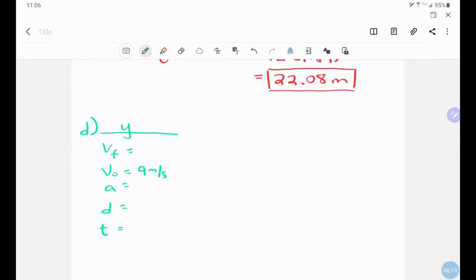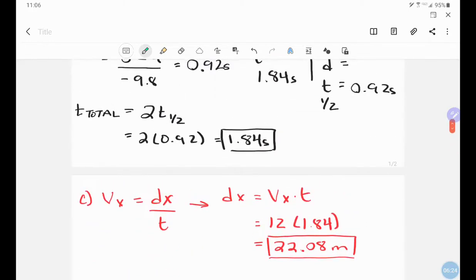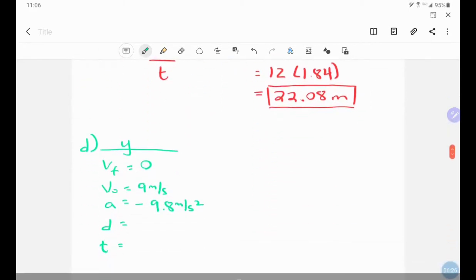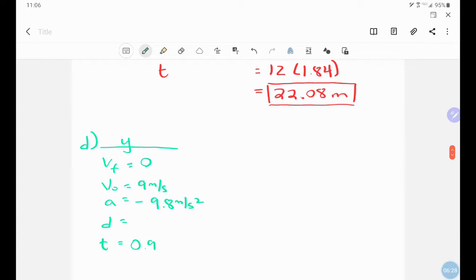At the top, the final velocity is 0, acceleration is negative 9.8, and the time we found to be 0.92 seconds. So to get displacement, I'm going to use the second equation.